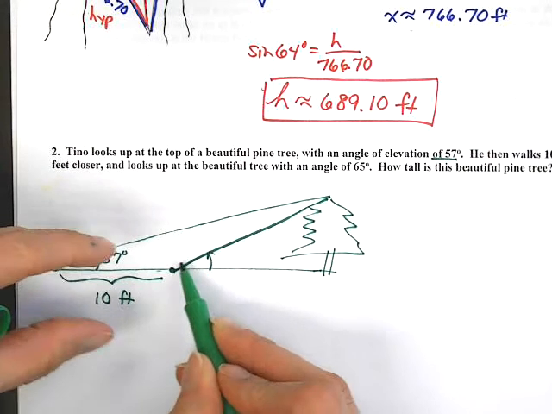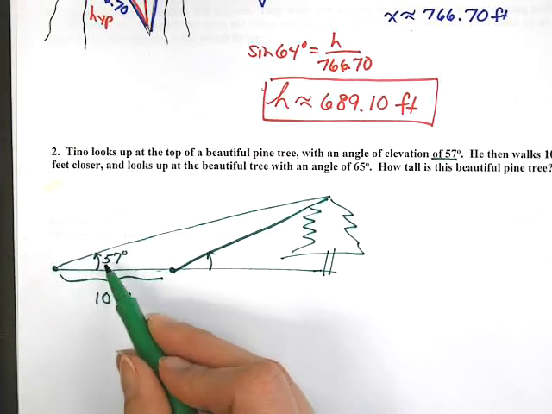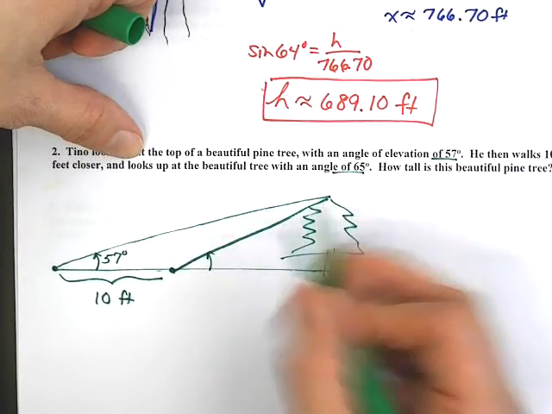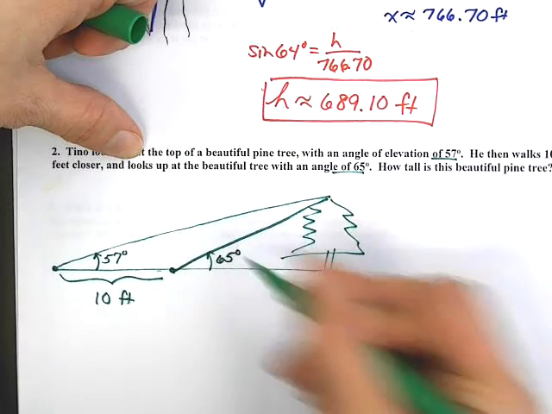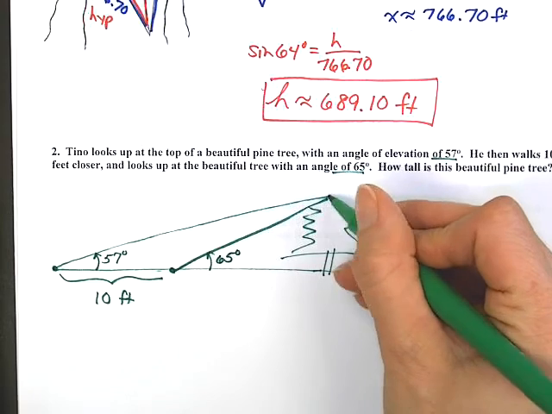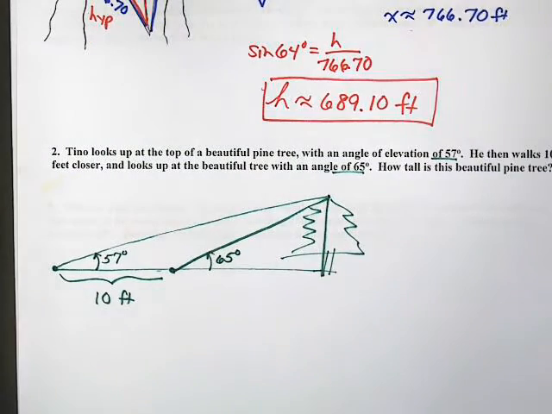But the farther back you sit, the angle that you have to tilt your head should not be as much. So this angle should always be bigger. This angle is 65 degrees, and that makes sense. How tall is the beautiful pine tree? So what we really want to find here is h.